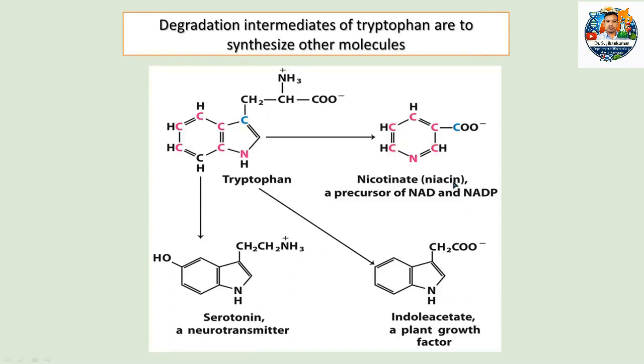Then tryptophan is also used to produce niacin, and niacin is a precursor of NAD and NADP. And we know that NAD and NADP are very important coenzymes. They are involved in the transfer of two electrons.